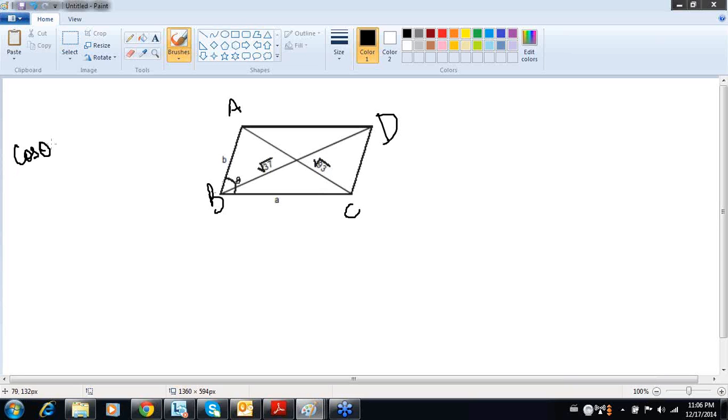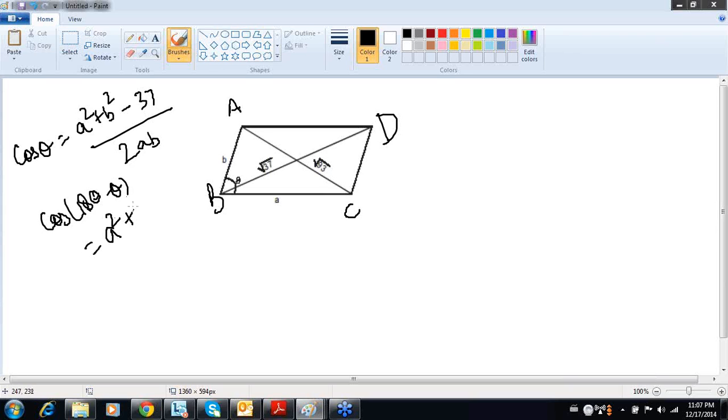So cos theta will be a square plus b square minus c square, where c square here is 37, upon 2ab. Similarly, if you apply here, cos 180 minus theta will be equal to a square plus b square minus 93 upon 2ab.